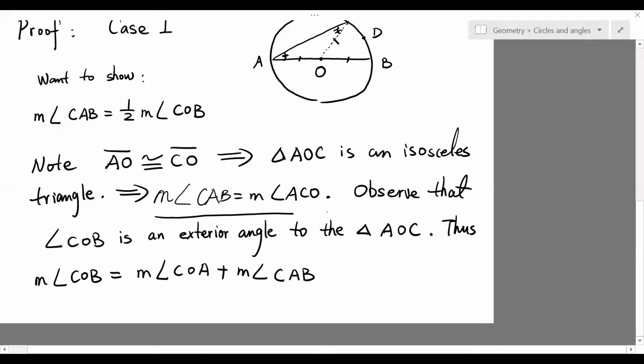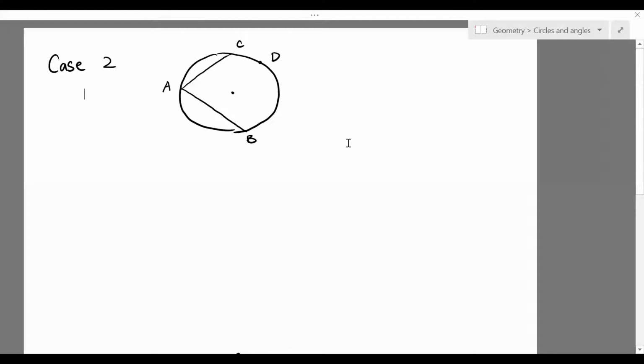The sum of these two angles is equal to the measure of COB. But those two angles are congruent to each other, so the sum is simply double the measure of CAB. And we are done with the proof. Let's look at case 2.